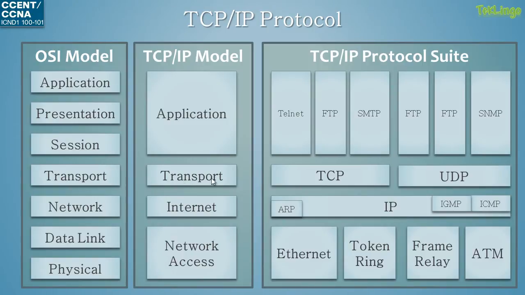At the transport layer, we have two different types of transmitting the data. TCP is the reliable way of transmitting data, whereas UDP is the unreliable way of transmitting data.